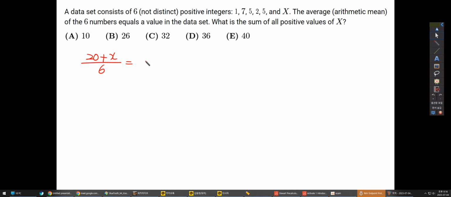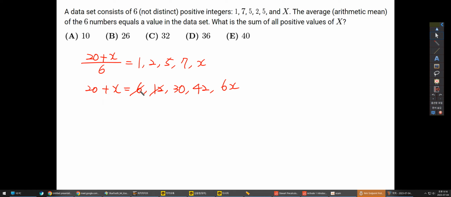And that's equal to one of these numbers. So if we multiply by 6, but because they are positive integers, 20 plus x should be greater than 20.